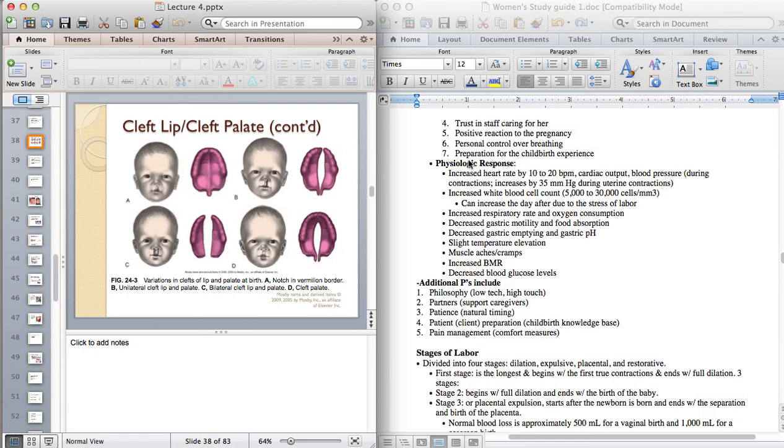Otherwise, if they don't, then that will impact their speech. Okay. So, this is my picture of this guy, and this is one to repair.